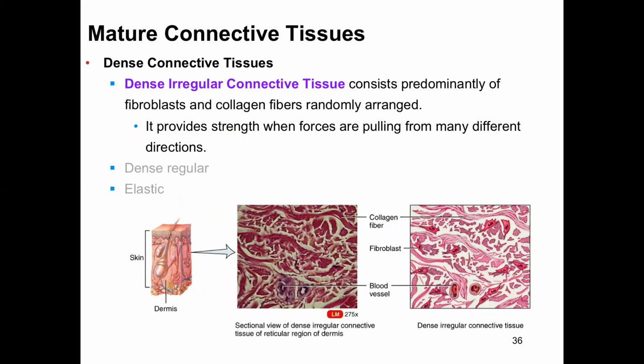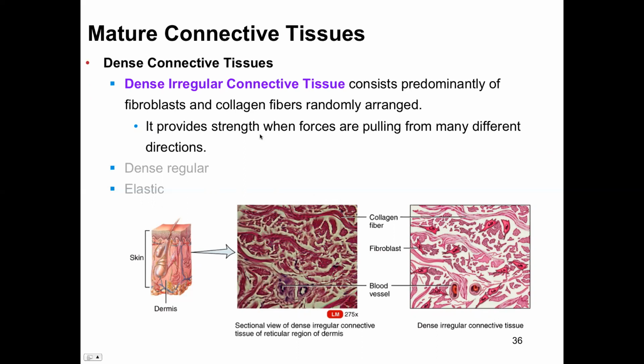Now, dense also comes in 3 different flavors. So you have dense irregular. Right away you can see this pink, this is collagen. Generally these thick pink fibers are collagen. And here, notice that there's no rhyme or reason to the pattern, so let me say it's irregular.